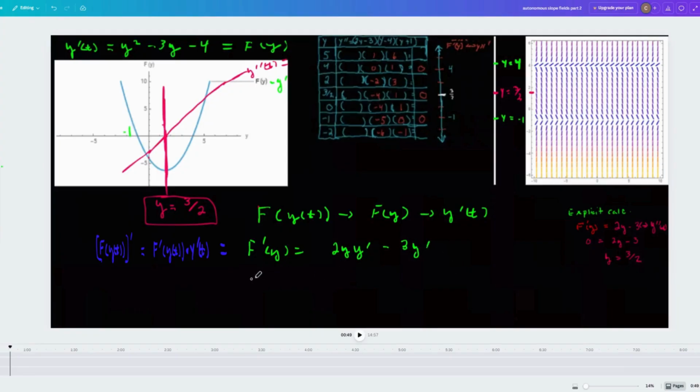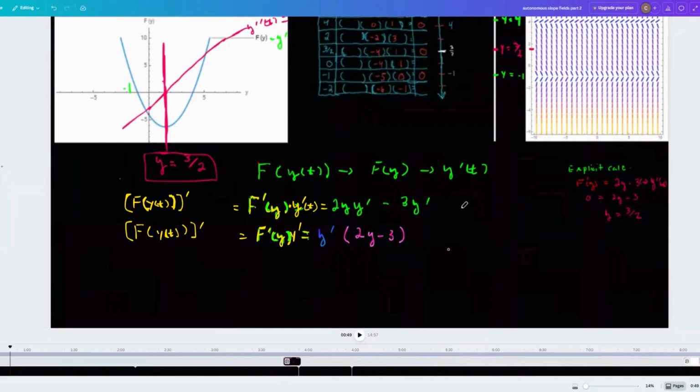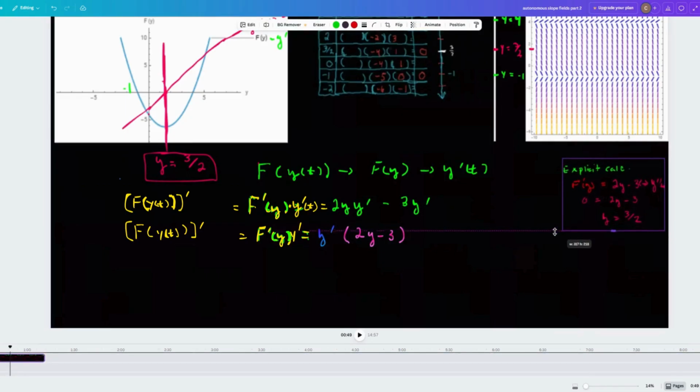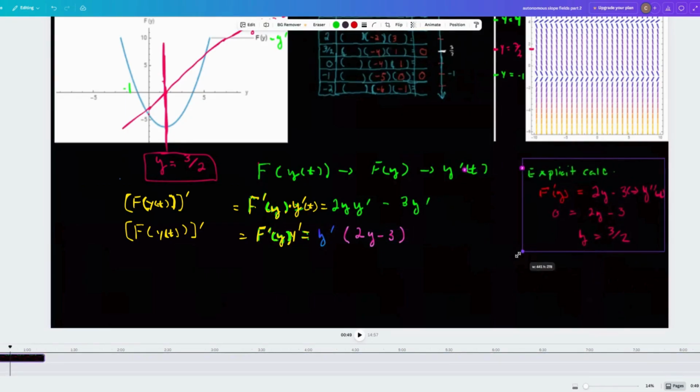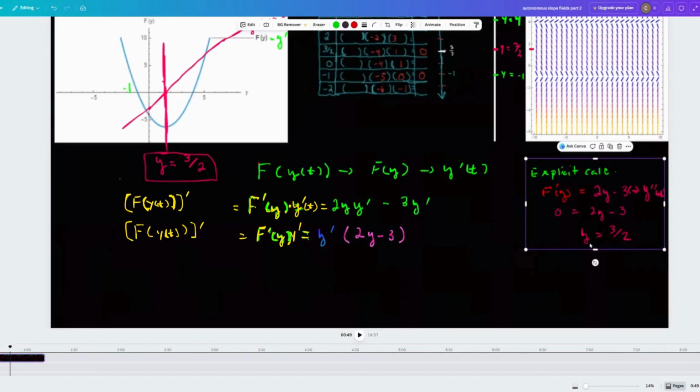Now, the cool thing about when you do these is that you may have missed it. You can factor out that y prime piece. All right, so I'm going to do that here. If we take these two pieces, it does seem a little odd that what we get out of this, by separate explicit calculation, is that inflection point where it changes.